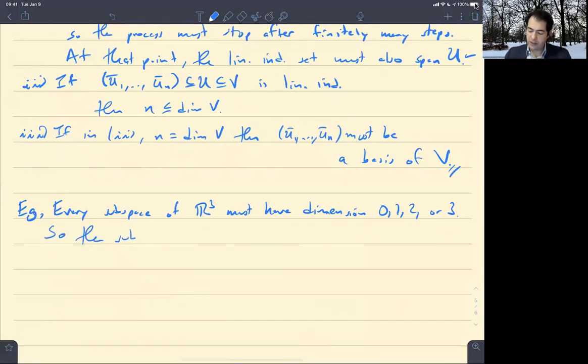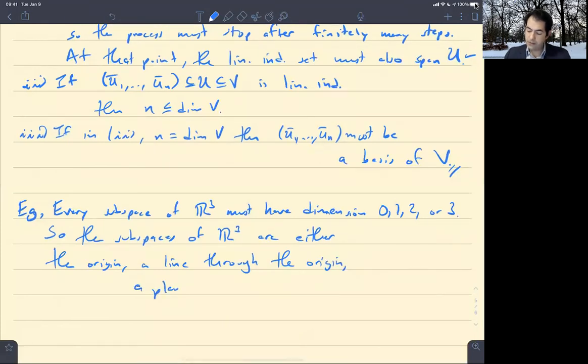So the subspaces of R3 are either the origin, a line through the origin, a plane through the origin, or all of R3.